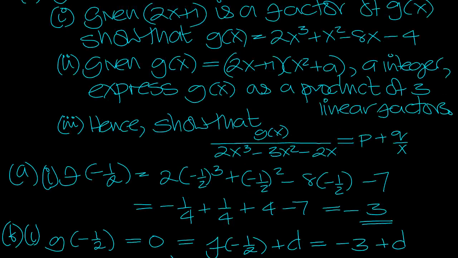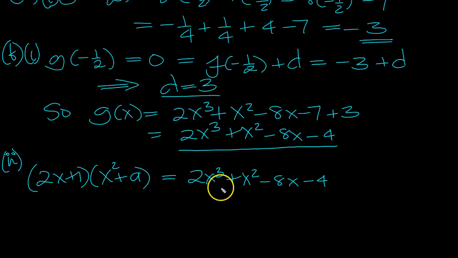Let's just go back and check B part 2. g of x equal to this. Express g of x as a product of linear factors. Okay, so we need to get a here. Let's equate constants, because here we'll just get the a itself, is equal to the constants on this side, when x is 0 basically, which is minus 4.